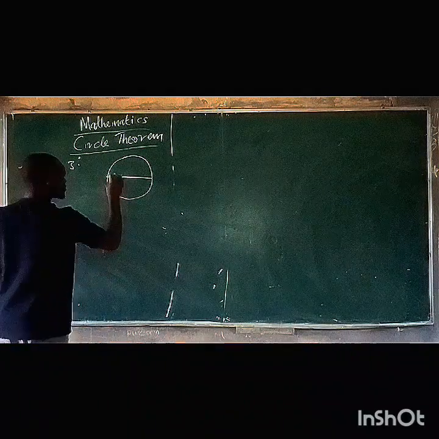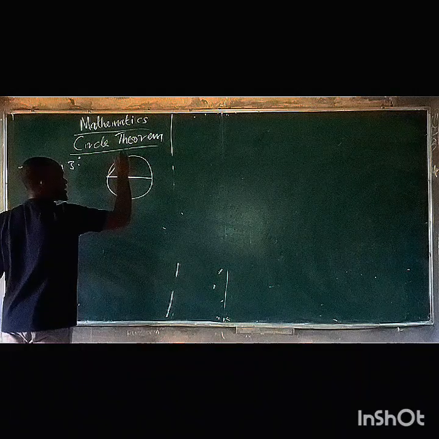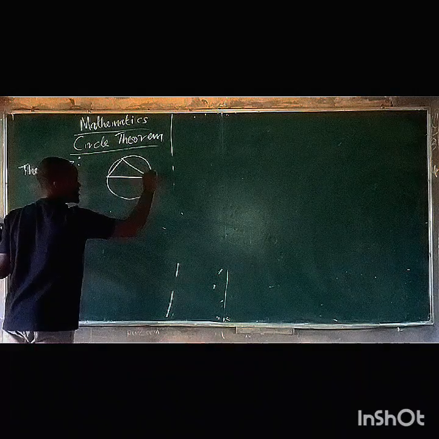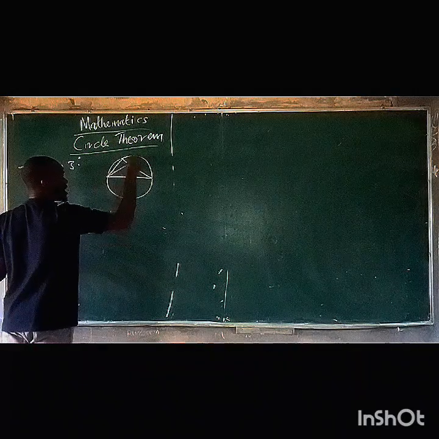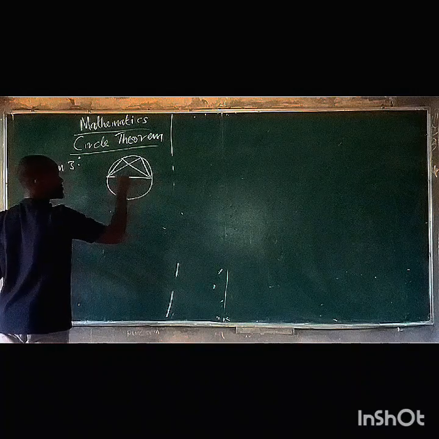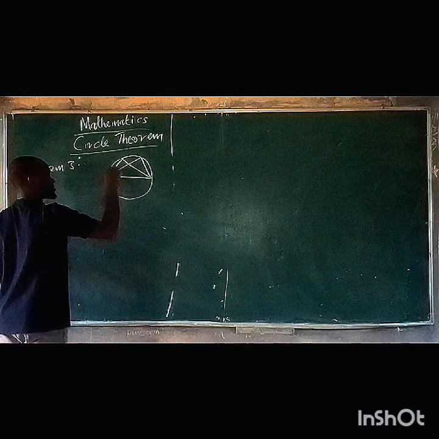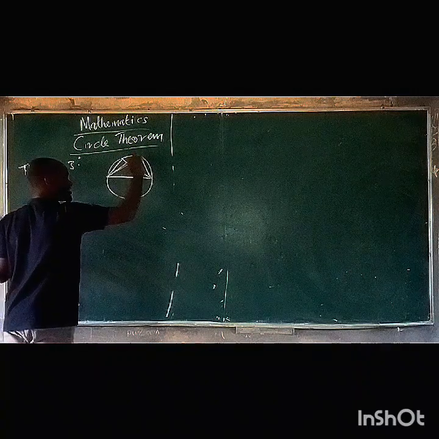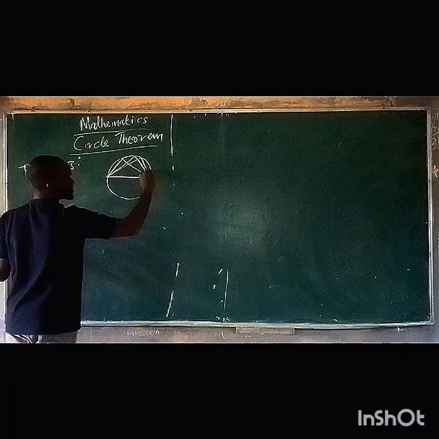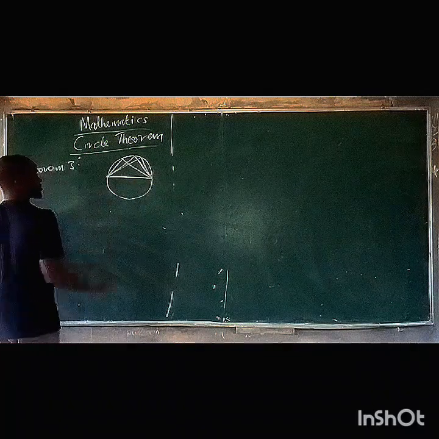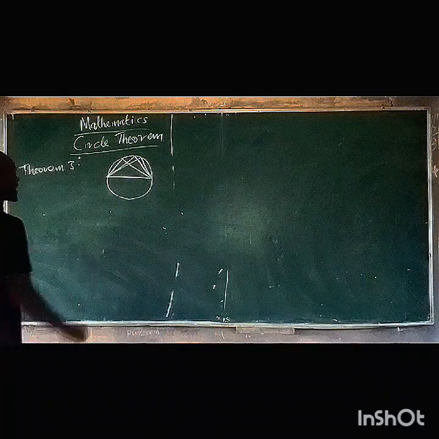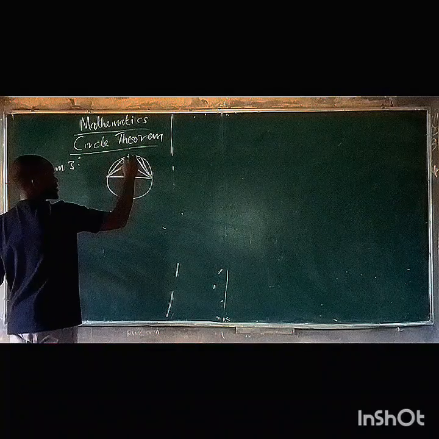Then they say any angle subtended by a semicircle is perpendicular. But remember that the angle, like I said earlier, must be touching the circumference. Very, very important.